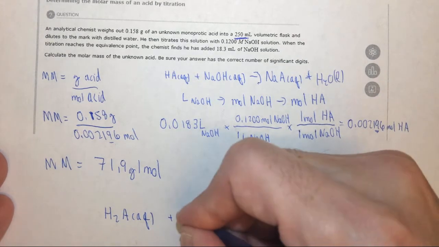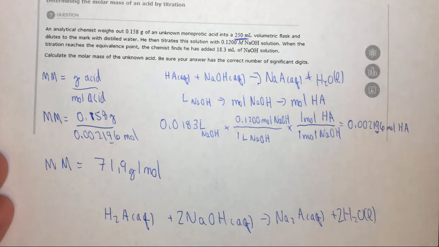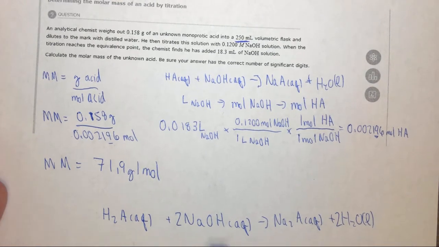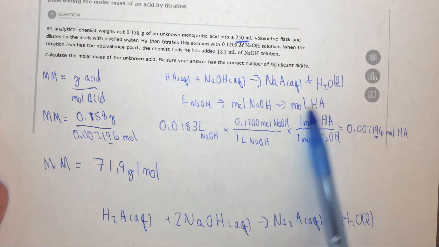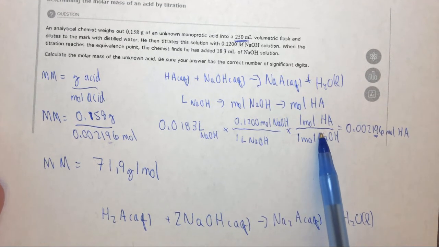Well, we need 2 sodiums, so we have to put a 2 here. We also have now 2 OHs and 2 H's. 2 OHs and 2 H's gives us 2 waters. So the stoichiometric coefficients are going to be different. Therefore, here we would have 1 mole of H2A and 2 moles of NaOH if it were a diprotic acid.